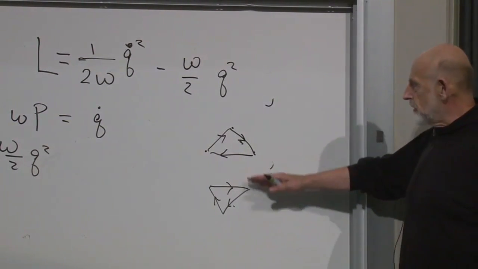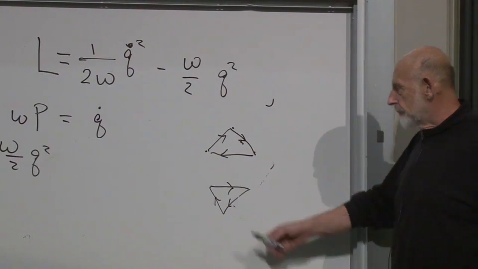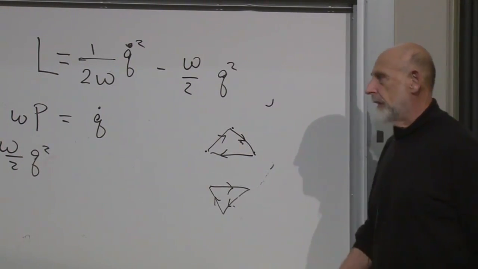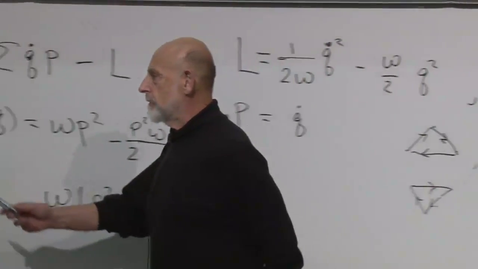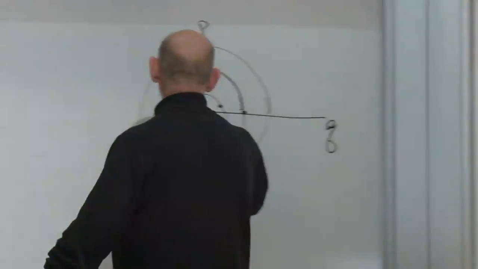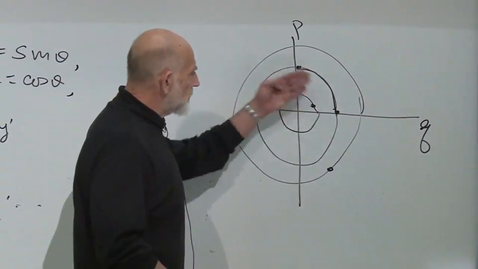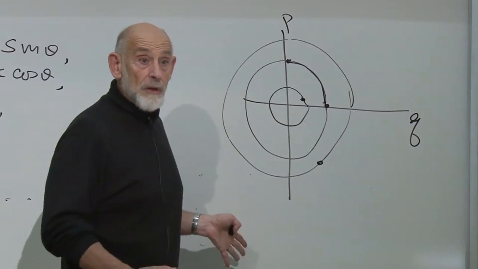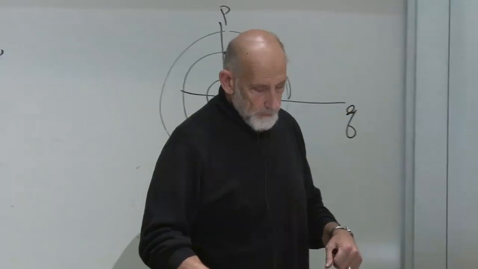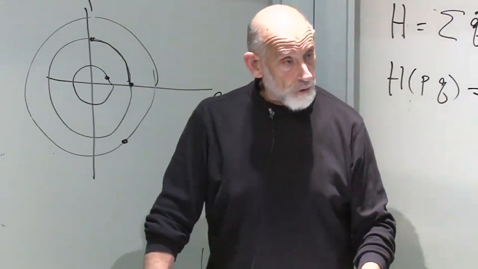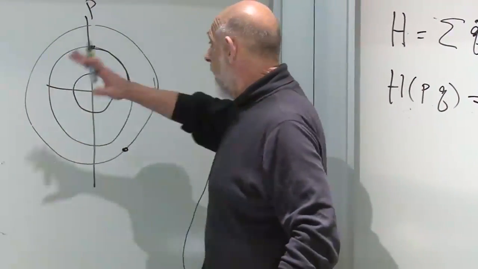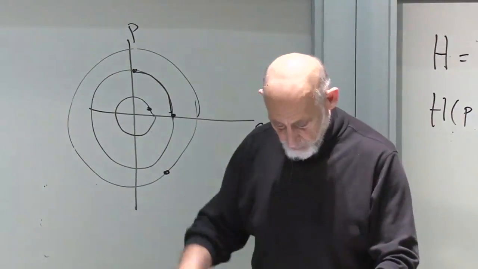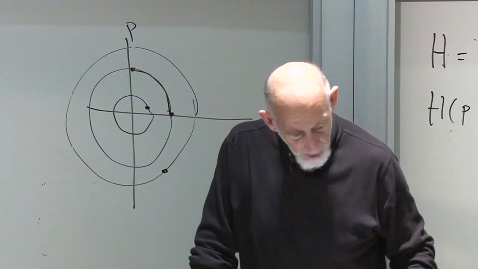The conservation law simply corresponds to which cycle you're on. If you're on here, you never get off there. If you're on here, you never get off there. Well, it's a very similar situation. If you're on this trajectory, you stay there. You never get off it. If you're on this one, you never get off it. It's just energy conservation. There are other conservation laws, and therefore other surfaces on which you get trapped. But this will do for the harmonic oscillator now.